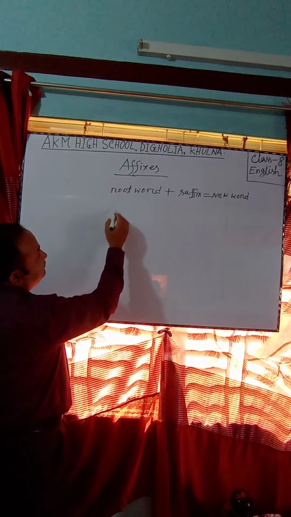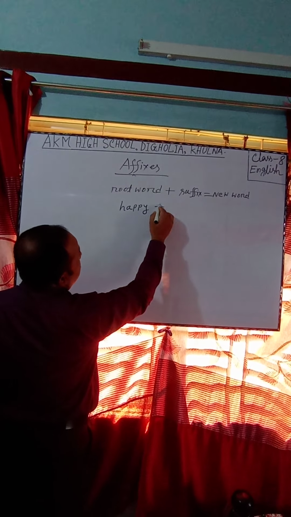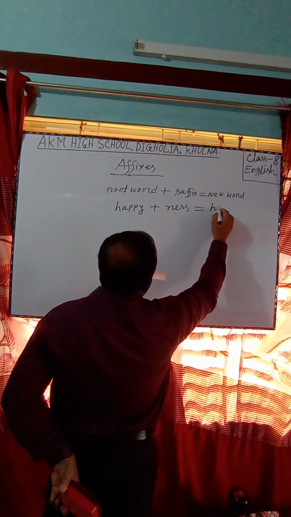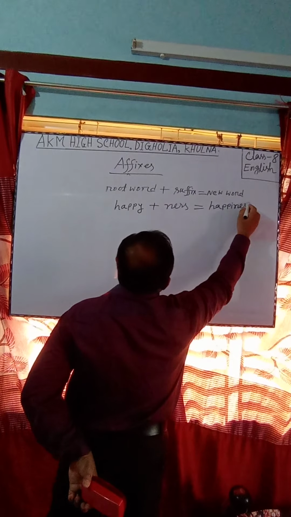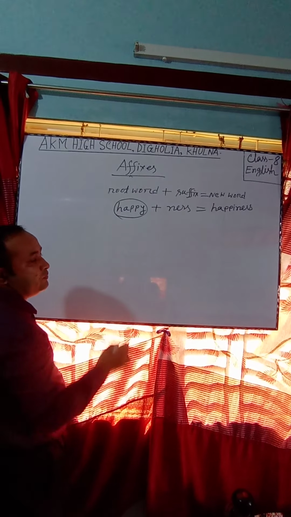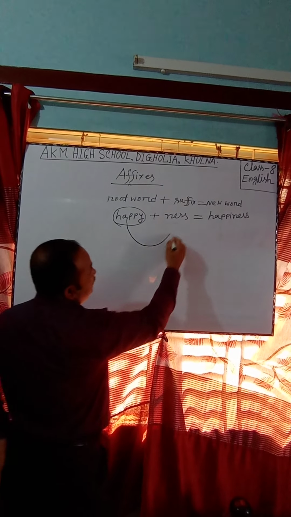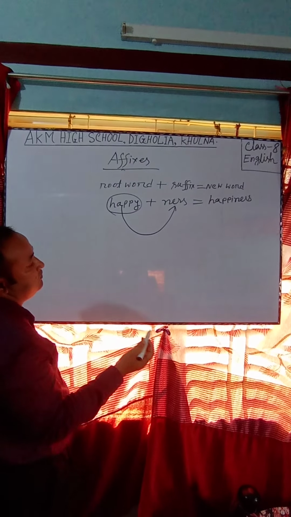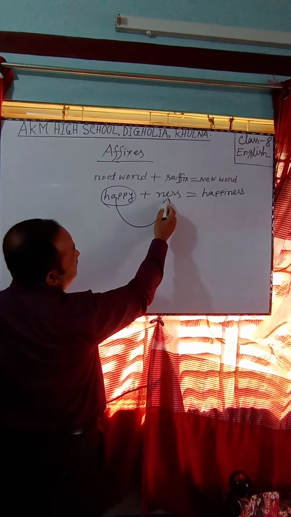Root word happy plus suffix ness equals new word happiness. This is the root word, and after a root word we will use a suffix. This is the root word and this is the suffix, new word.